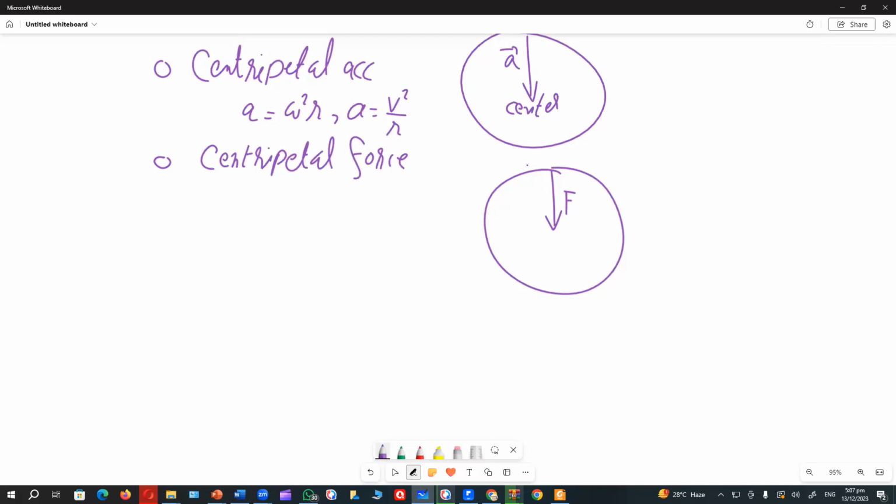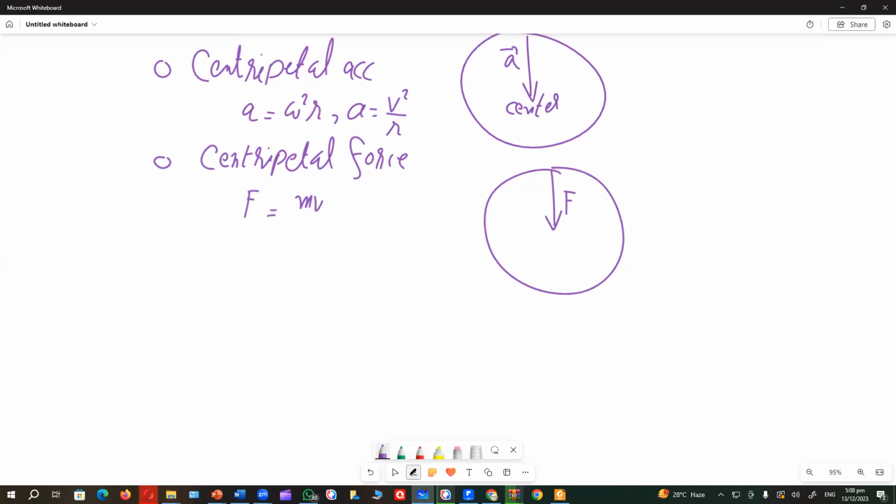This force is called centripetal force, the center directed force. So I repeat the concept. A circular motion is a periodic motion, and it is not natural. You have to apply a force. In a circular motion, the resultant force is always directed towards the center.